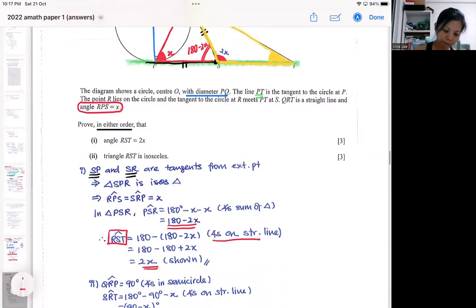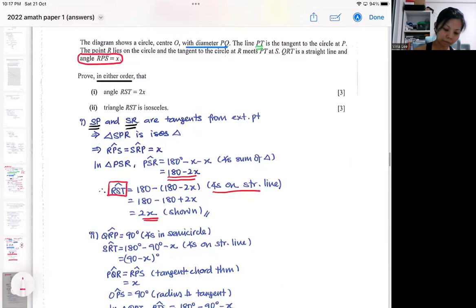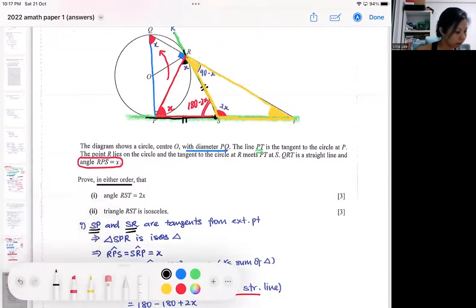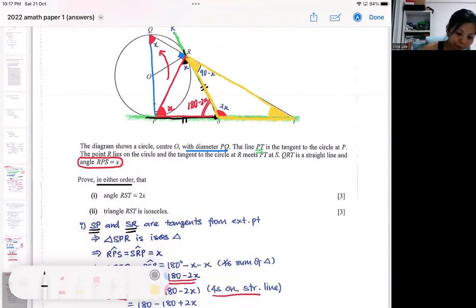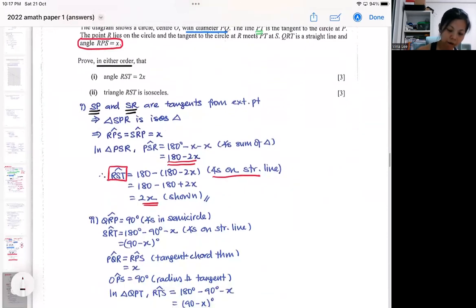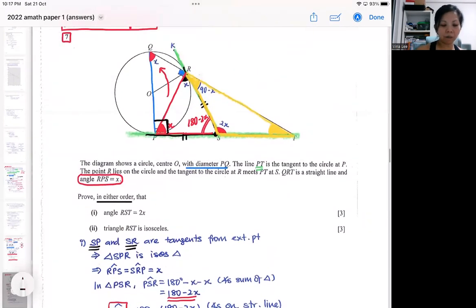And then we have a big 90-degree here. So I have a tangent chord, I have a big 90-degree. This big 90-degree is radius perpendicular to tangent. You need to quote the reason, because 90 can come from different reasons. In this case, it's 90 because of radius perpendicular to tangent.